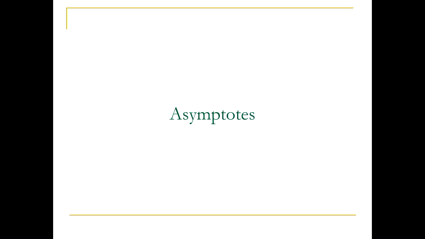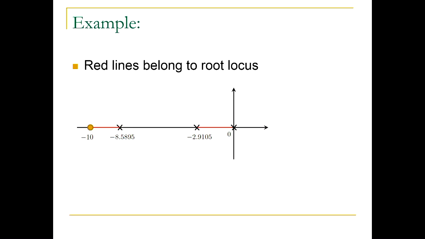So now we want to talk about asymptotes. By the way, let's just think about this branch. We already learned that for small k, the root locus will be close to this cross, because the solutions of the closed loop equation, the poles of the closed loop, would be close to the open loop poles. In other words, they would be close to these crosses.